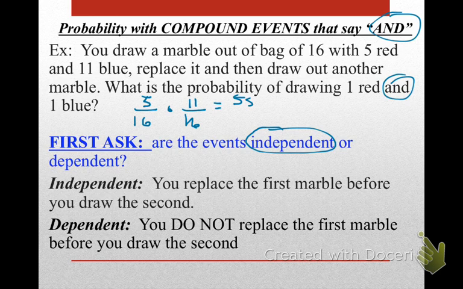So we multiply straight across, and we get 55 over 256. Is it in reduced form? The decimal is 0.21, or a 21% chance of that happening.